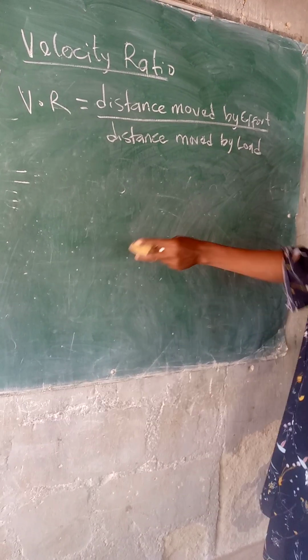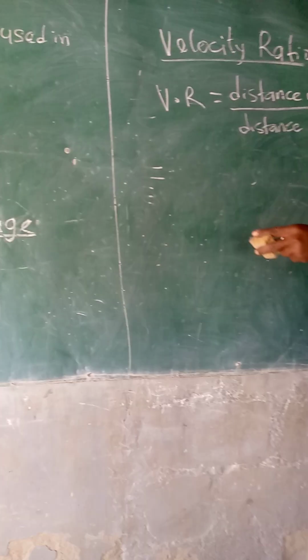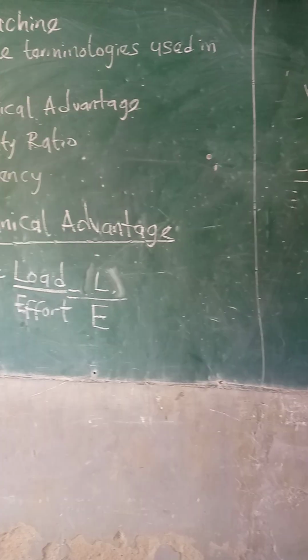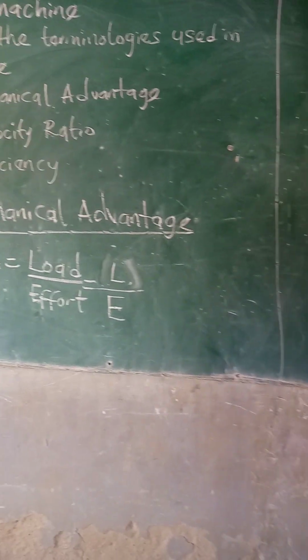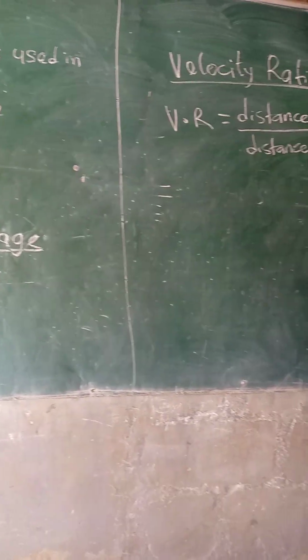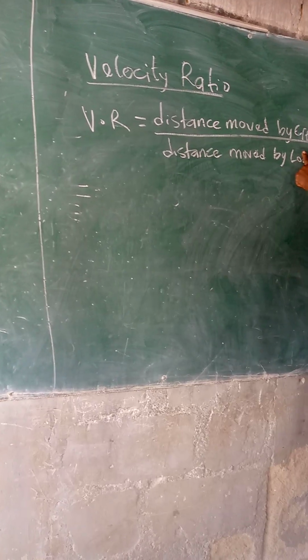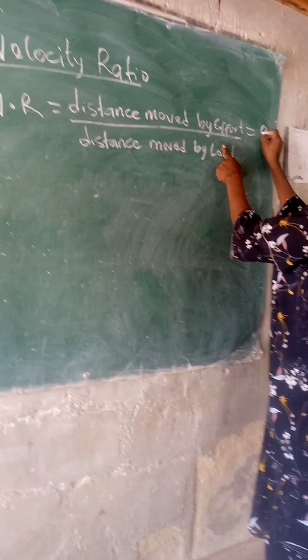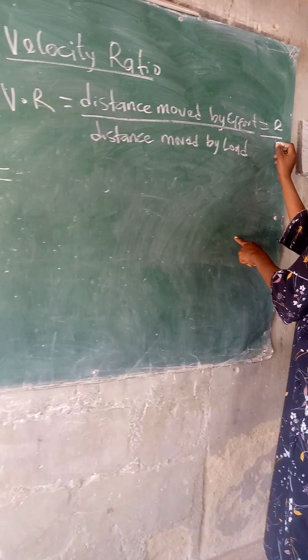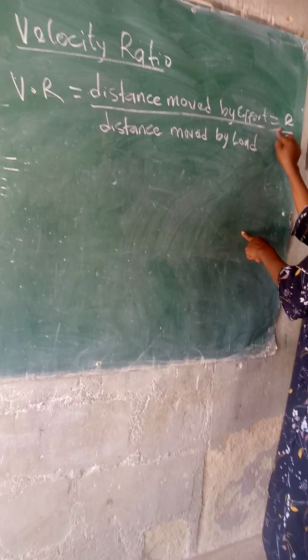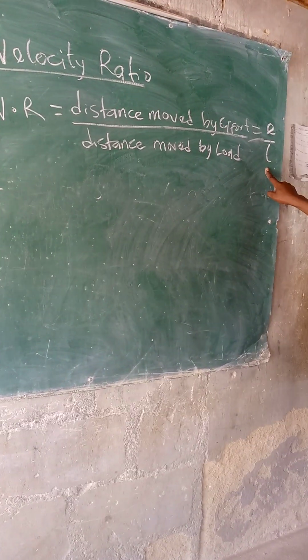Unlike mechanical advantage, where the load is denoted with capital letter L and the effort with capital letter E, here in velocity ratio, distance moved by effort is denoted with small letter e, while distance moved by load is denoted with small letter l.